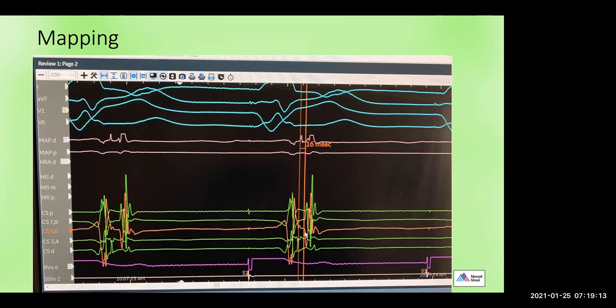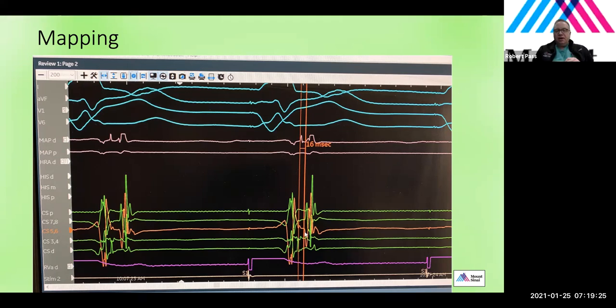I think just from the heart rate being faster, it's difficult to maintain the same position. Yes, I think you're right. I think in general, it's probably harder to stay in the same place when the heart's beating very fast.